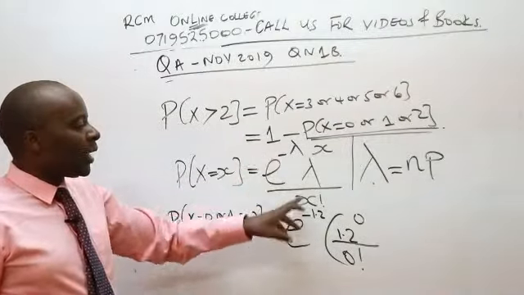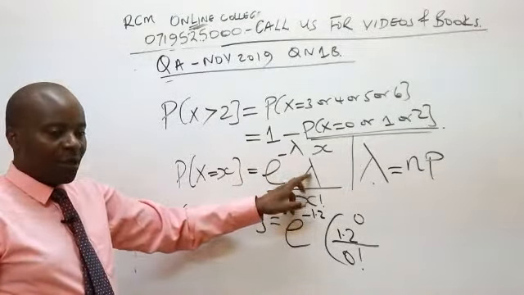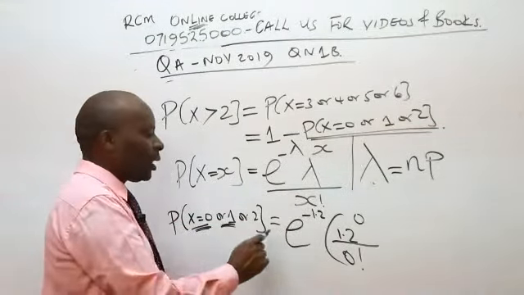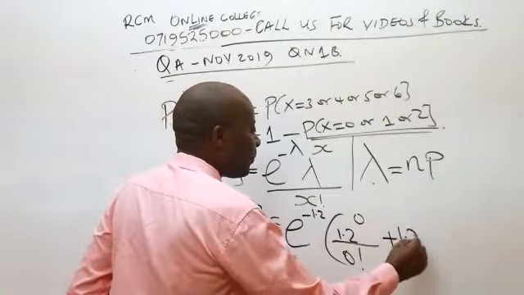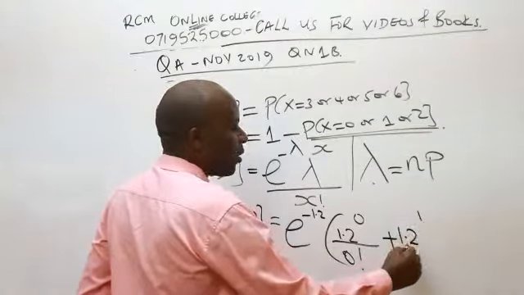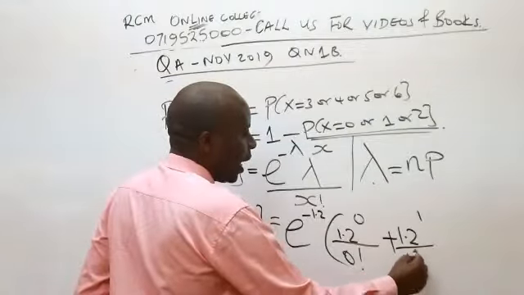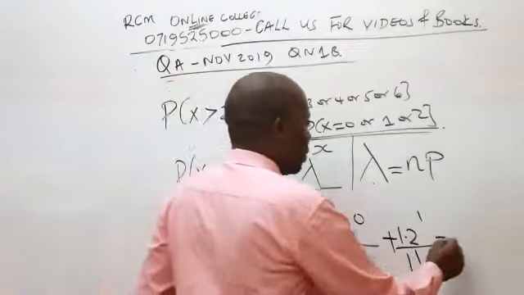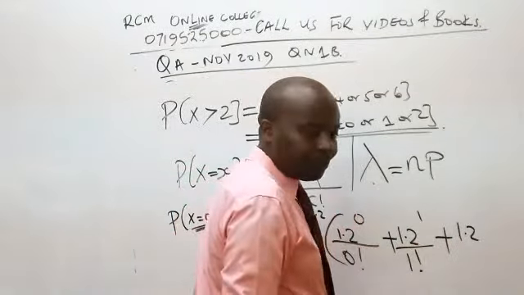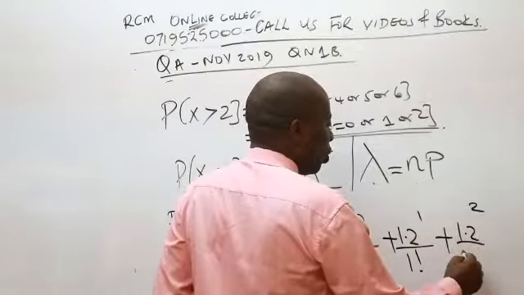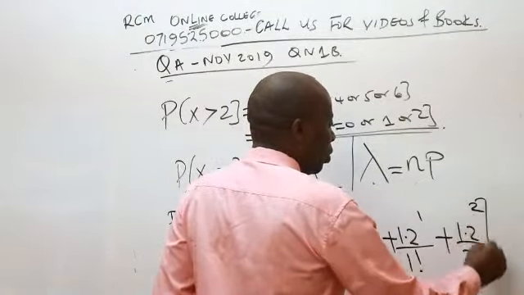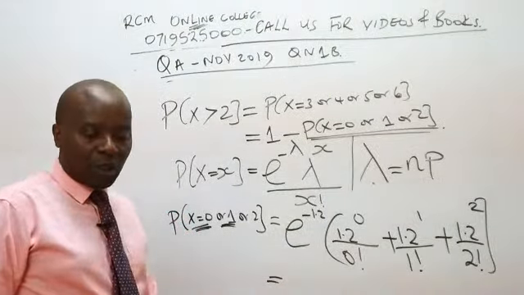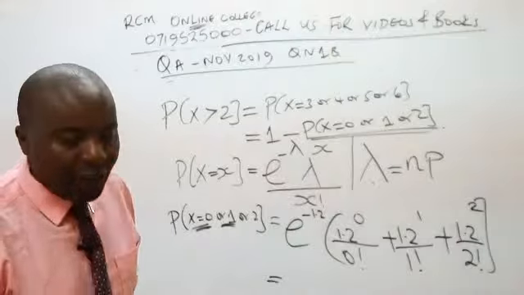Inside brackets I'll have lambda raised to x all over x factorial. After that, plus the mean raised to 1, all over 1 factorial. Plus 1.2 raised to power 2, all over 2 factorial. So please go ahead and evaluate all of it at once, using your calculator.